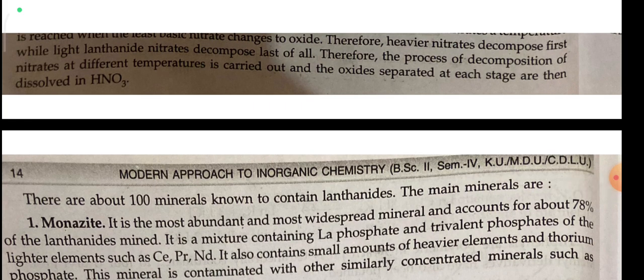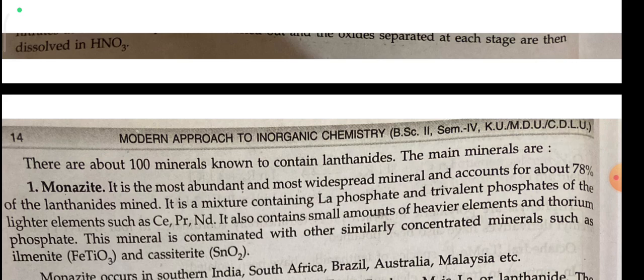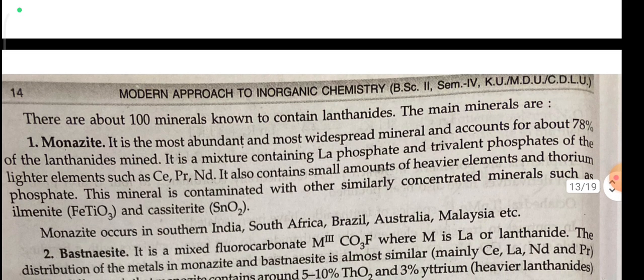There are about 100 minerals known to contain lanthanides. The main minerals are monazite. It is the most abundant, most widespread mineral, and accounts for about 78% of the lanthanide ores. It is a mixture containing La phosphate and trivalent phosphates of the lighter elements such as cerium, Pr, and Nd. It also contains a small amount of heavier elements and thorium phosphate.